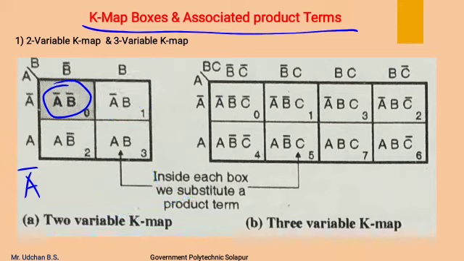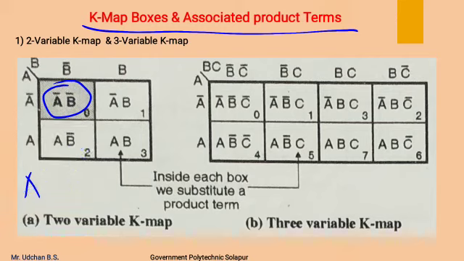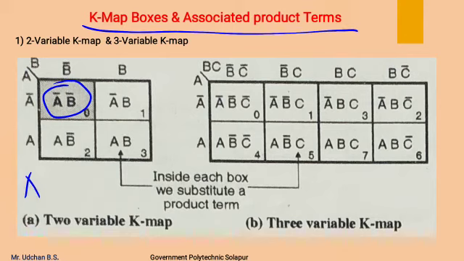Again, for this position A B bar, that is 1 0, which is equivalent to 2, so 2 is written over here. And the last, for this position AB, that is 1 1, which is represented as a 3, so 3 is written over here.